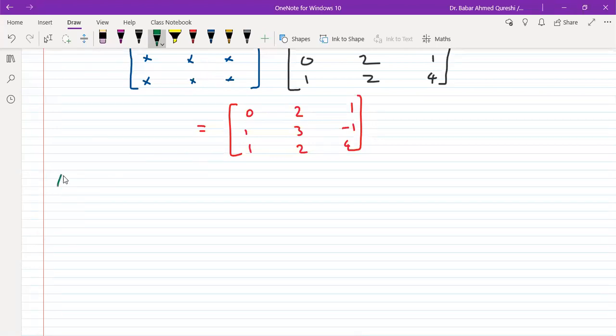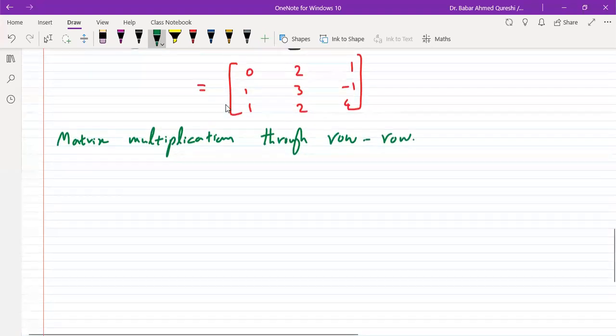So that was matrix multiplication through row into row, using rows in both the matrices.